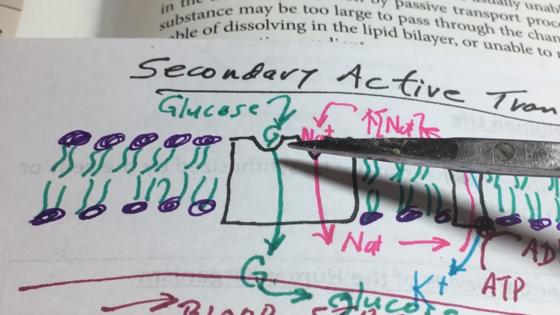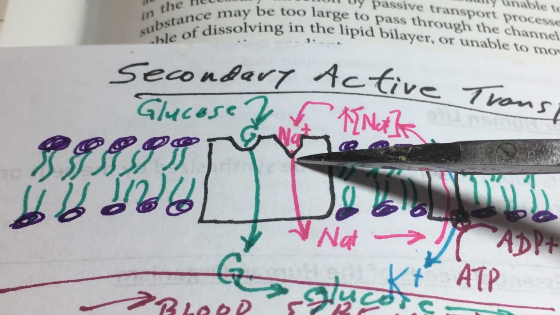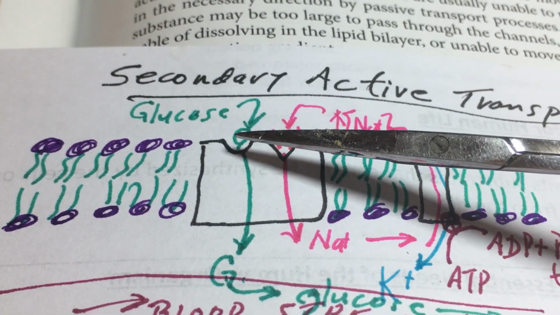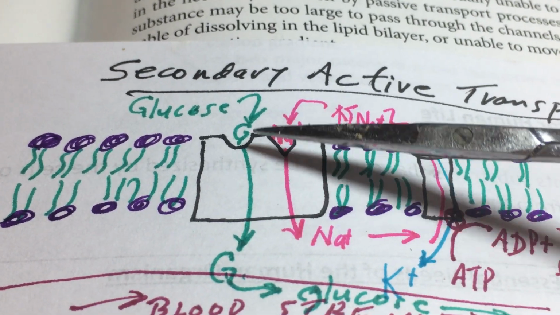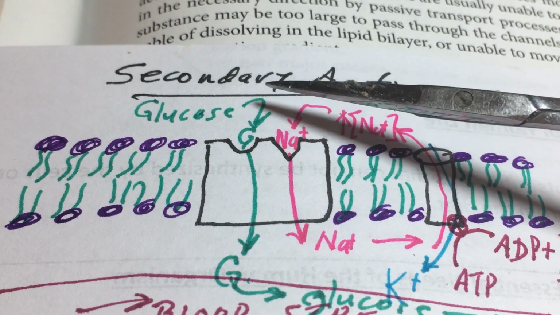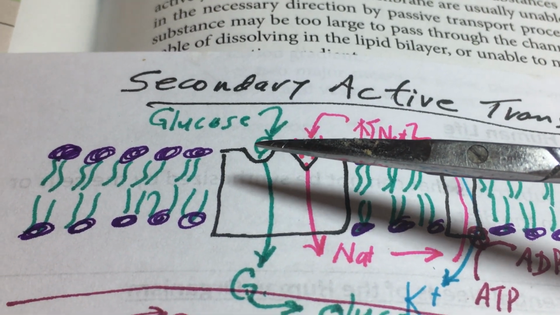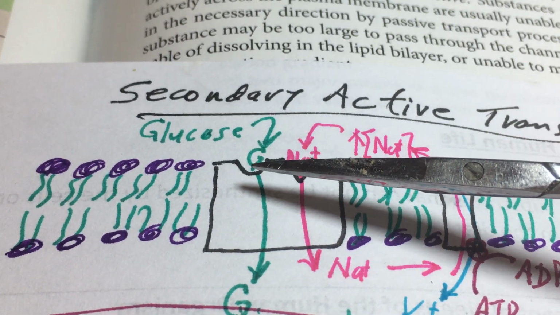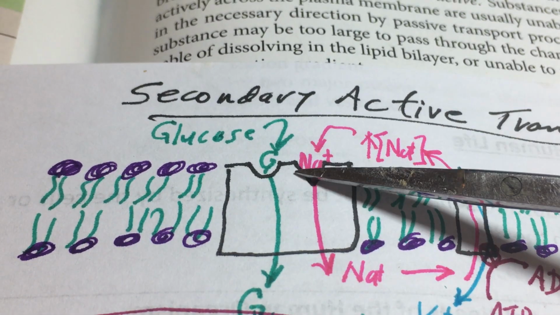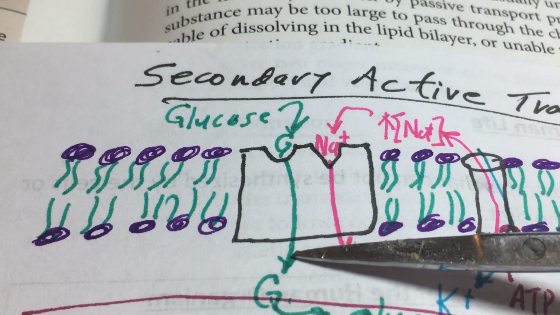So glucose, all it has to do is seat itself, and it goes through because there's lots of sodium. And in fact, we can get all the glucose. Do you understand why we can get all the glucose? As long as we've eaten something, an item that happens to have either pure glucose in it, which is somewhat rare, but it might have some starch in it, and we break down the starch into glucose, and then we place the glucose here.